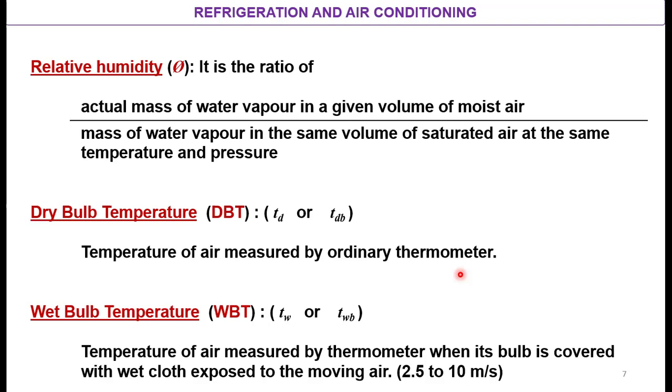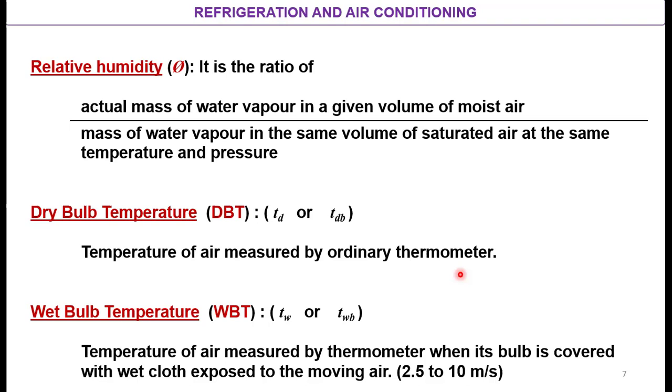If the surroundings are very hot, the height of the column is very large, so it is a high temperature. If the height of the column is low, the temperature is low, it is cold.